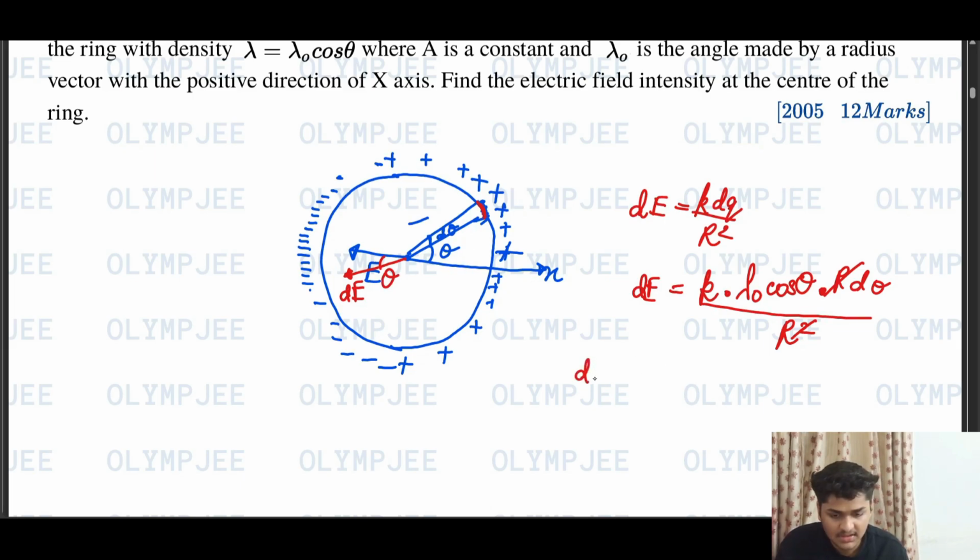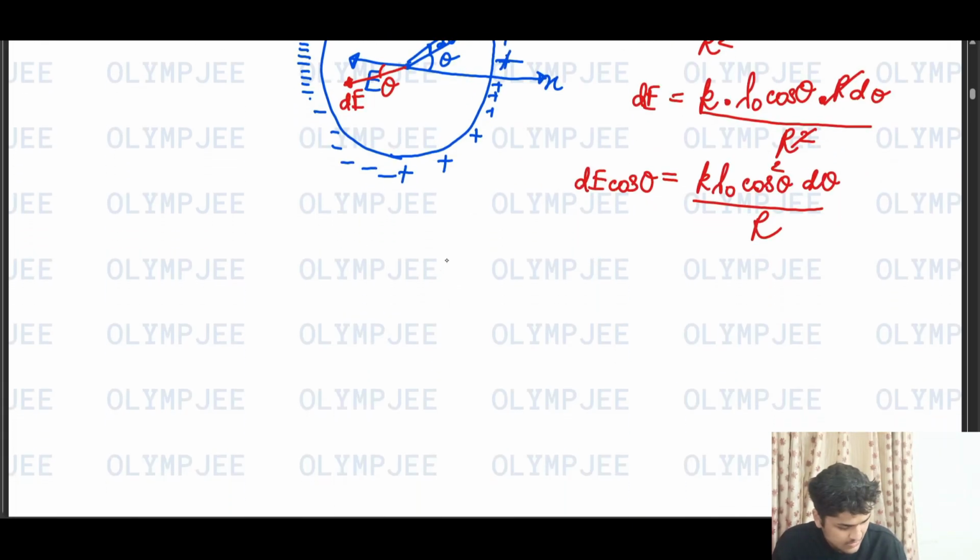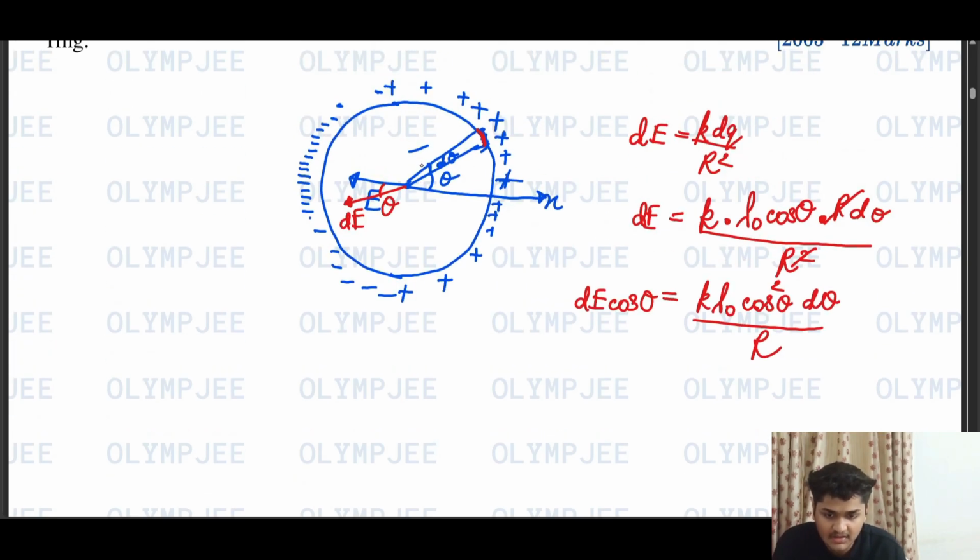So dE cos theta will be given as k lambda naught cos square theta d theta divided by r. Now we need to integrate this from 0 degrees, and it will move the whole circle, so this will be 2 pi.